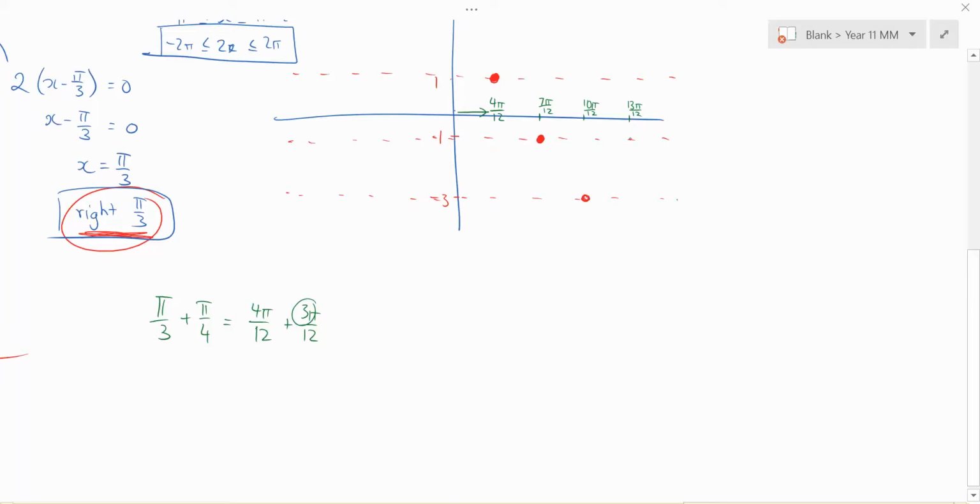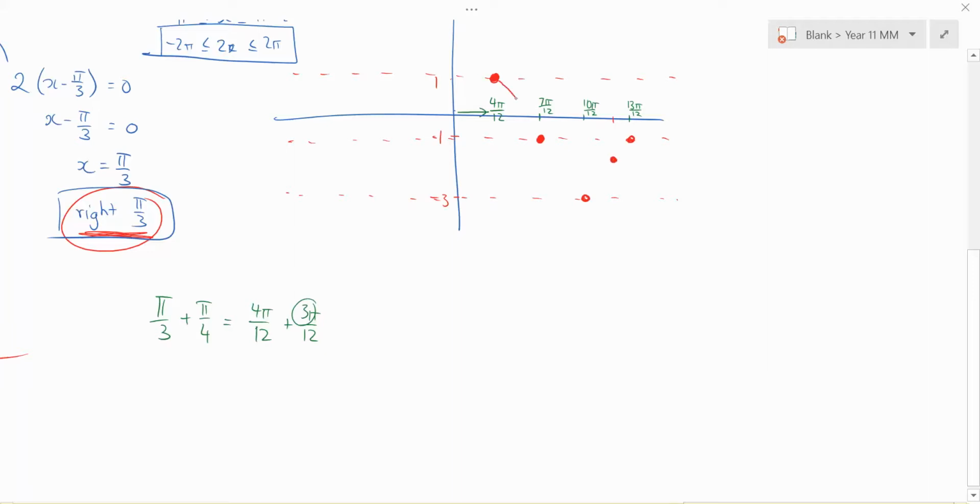And then at 13 pi on 12, it should have reached the center again. But what we know is that that's not going to happen, because 12 pi on 12 would have finished earlier. So that means it has to finish somewhere here, hypothetically.